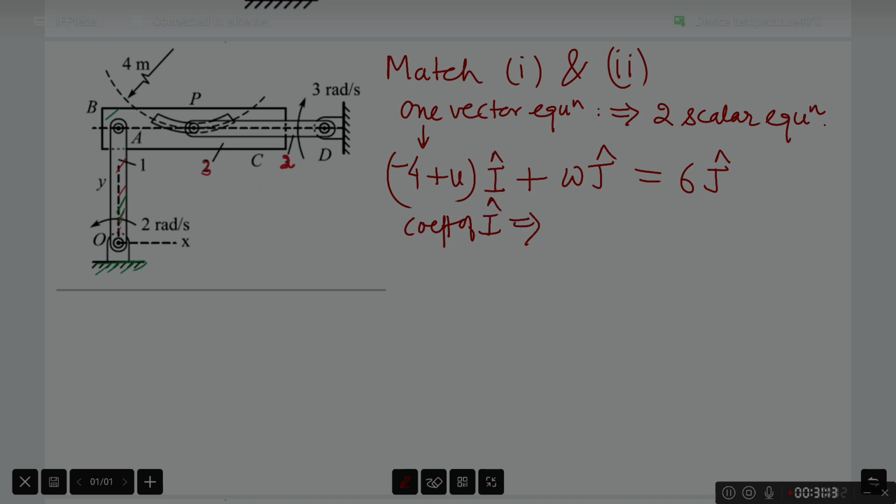That leads us to minus 4 plus u being 0. We match the coefficients of j, and that leads us to omega being 6 radians per second. And this in turn leads me to u being equal to 4 meters per second.